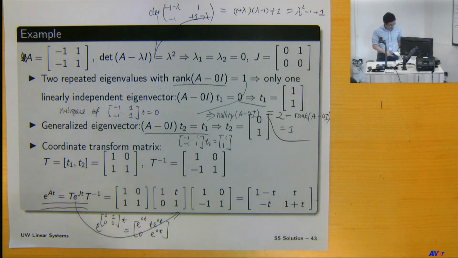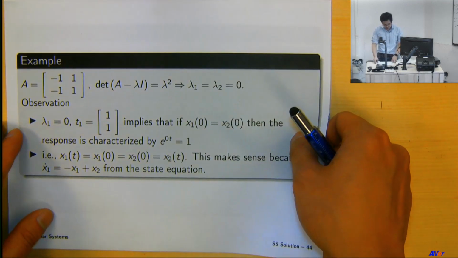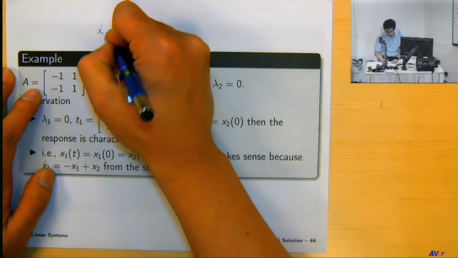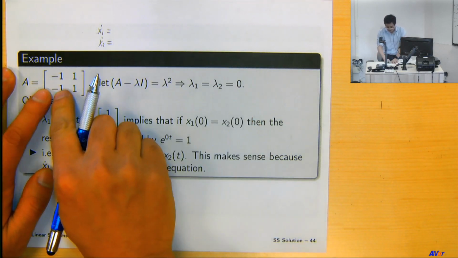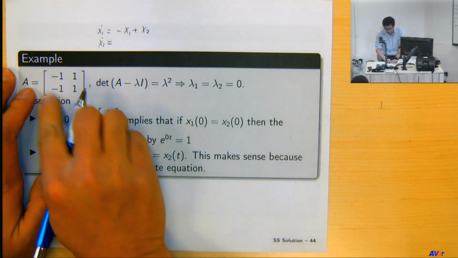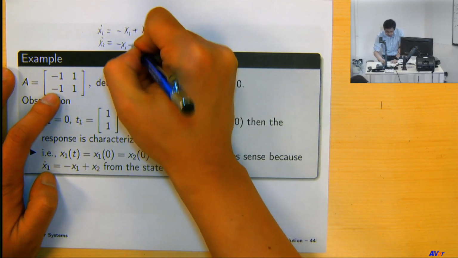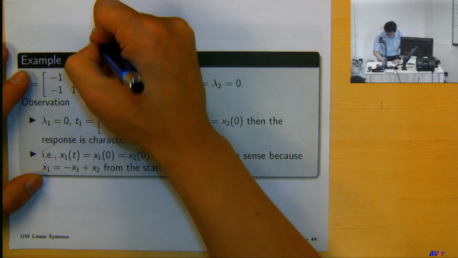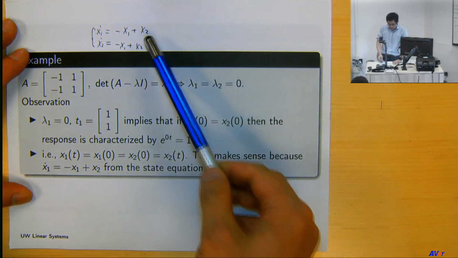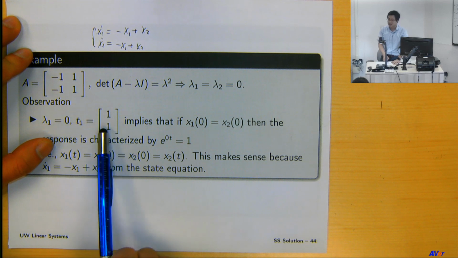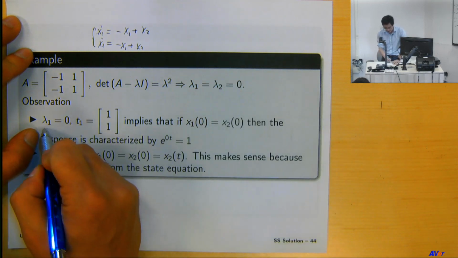Okay, so let's take a look at this system and see what it physically means. If my A matrix looks like this, that means x dot is going to have this relationship. x1 dot equals negative x1 plus x2, and x2 dot equals negative x1 plus x2. It is actually a symmetric system. If, let's say, I start at one eigenvector direction, T1 is 1, 1, which corresponds to the eigenvalue of 0.